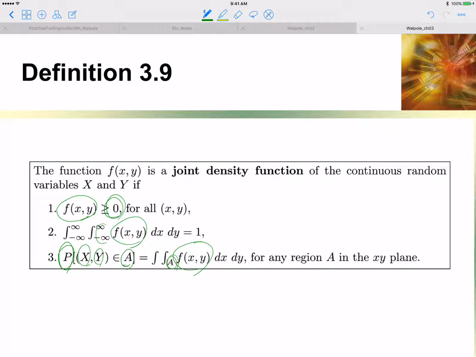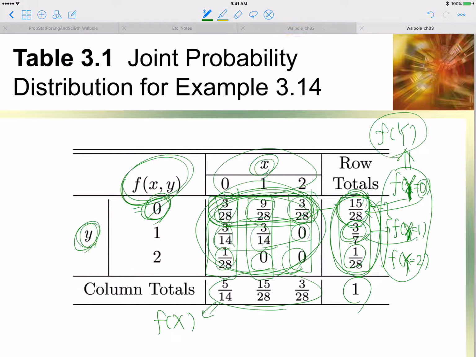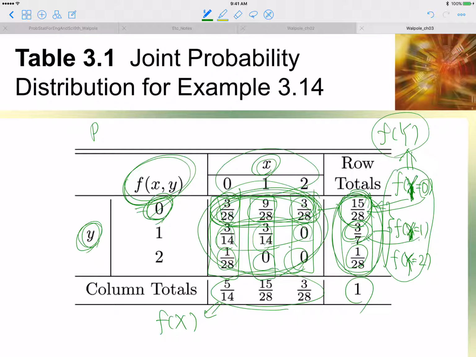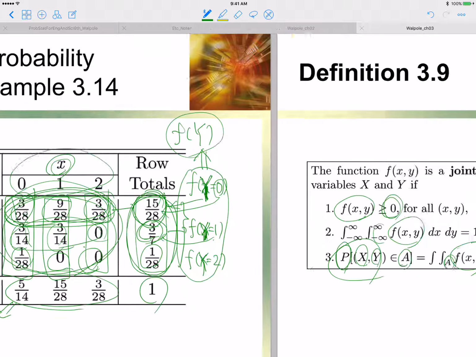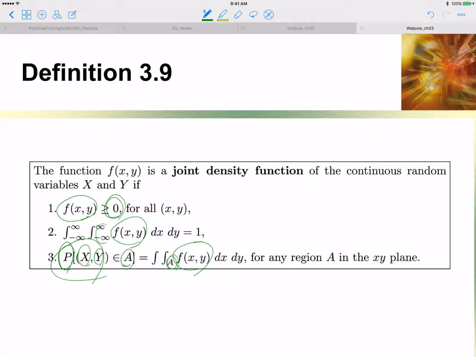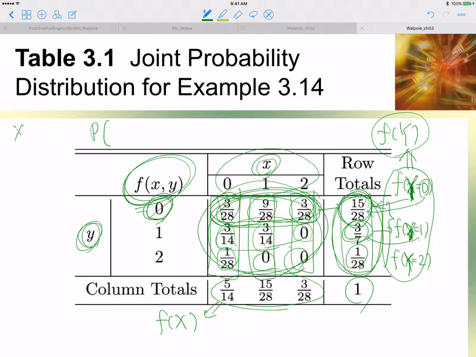Okay, so in the previous case, let me just give an example. In the case of joint density or joint probability distribution, we have to consider x and y simultaneously. Suppose x is height, and y is maybe gender.